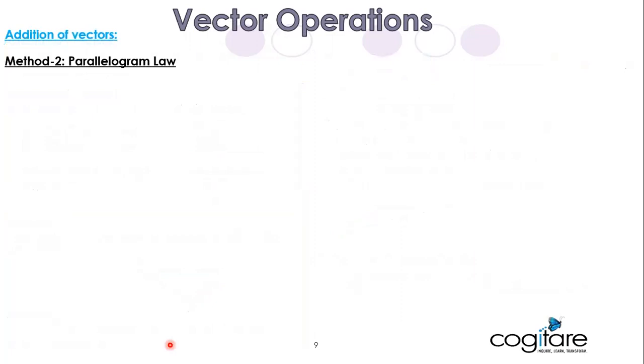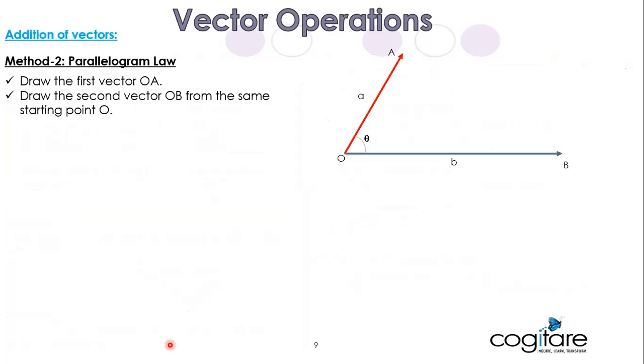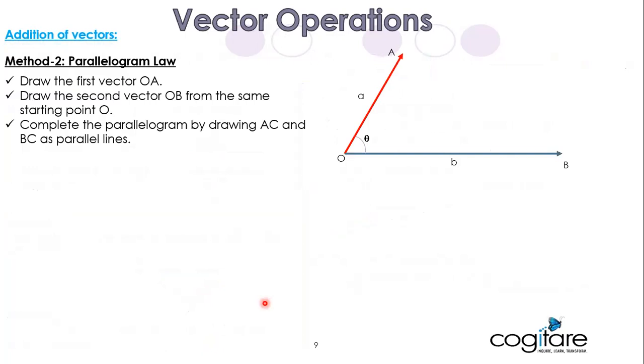Addition of vectors, the second method, as we discussed, is the parallelogram law. So here we model the two vectors as two sides of a parallelogram. In our case, OA is the first vector and OB is the second vector, and both vectors have an angle theta between them. Now, what the parallelogram law asks us to do is complete the parallelogram by drawing the other two sides.